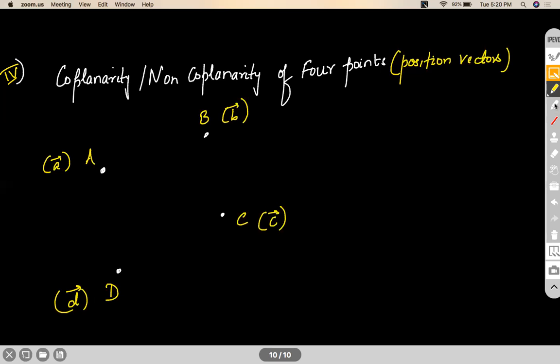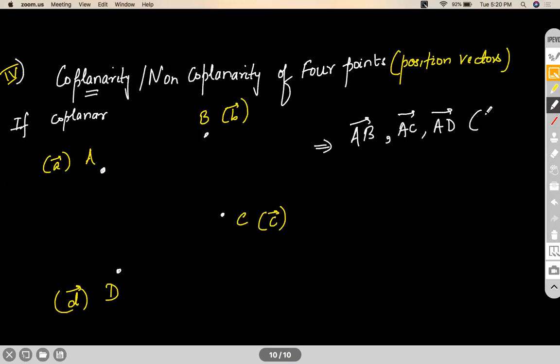Now this is very clear in our mind that if A, B, C, D are coplanar, then do you realize that even any three vectors made out of it, let us say AB, AC, AD, I'm just taking an example, even these three vectors would be coplanar.